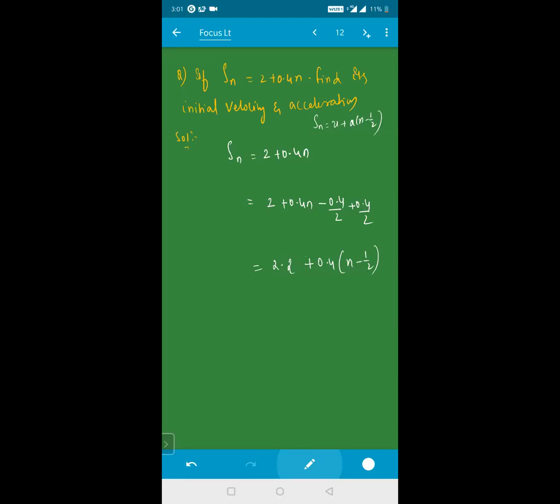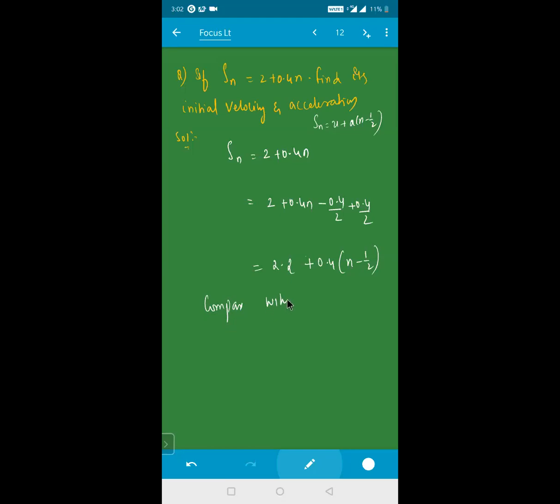Did everyone get it? See this: 0.4 n minus 0.4 by 2 plus 0.4 by 2. I have taken 0.4 common, so it will become n minus 1 by 2. If you multiply this, I'll again get the same relation, 0.4 into n minus 0.4. How much does this become here? 2.2. Now compare with the standard equation.